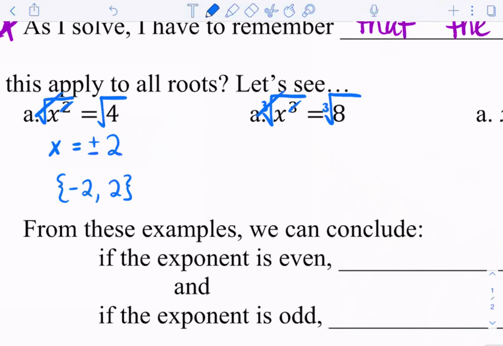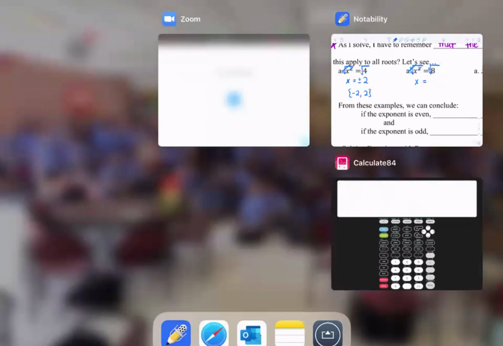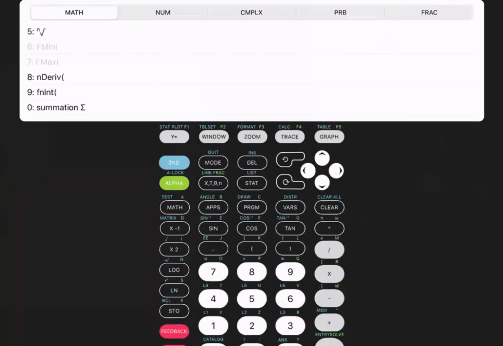And then I can get from my calculator what x equals. So I'm going to go into my calculator, and I'm going to click Math. And if you look here, I believe it's the fourth one down. See how the fourth one, number 4, says the cubed root? So I'm going to put the cubed root of 8 and click Enter.